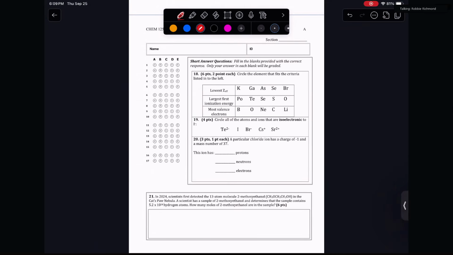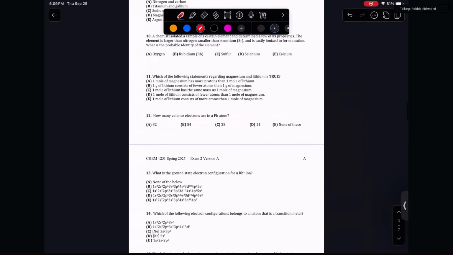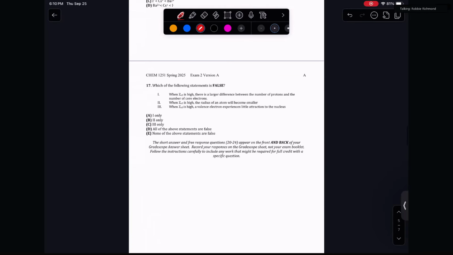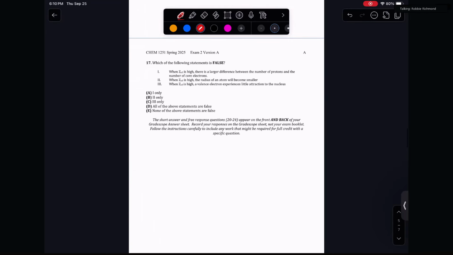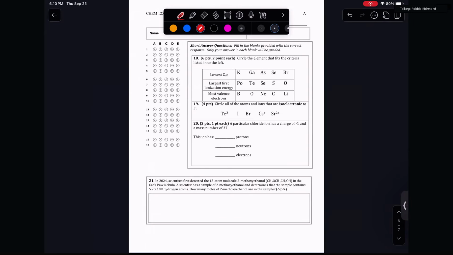I think just even seeing the question and letting your brain think about it throughout the entire exam, you might go through a multiple choice question that jogs your memory on how to solve that specific problem. So always start with the free response questions, but if you start getting stuck, don't stay on it for 20 minutes because you will run out of time.